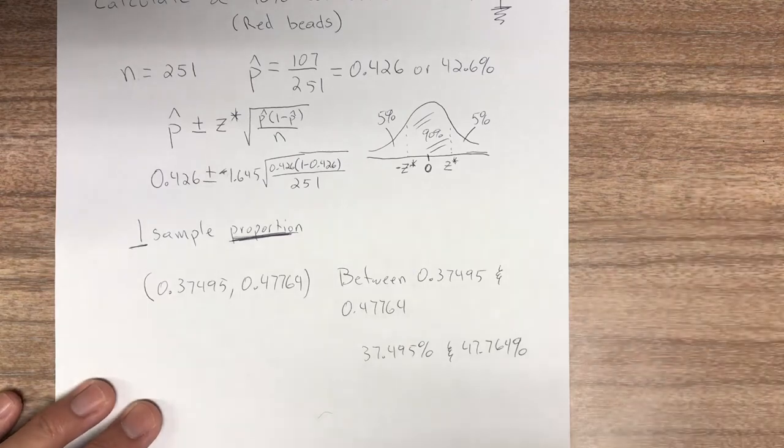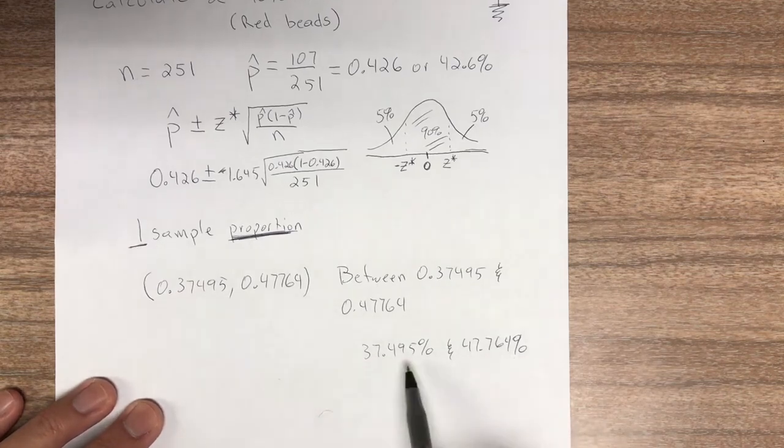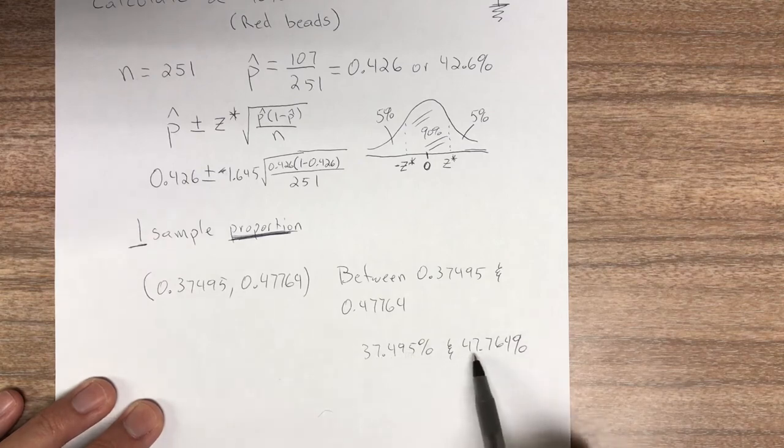Now, when I say container, I mean the whole container. At the beginning, I said we had a container with 3,000 plus beads. So the proportion of red beads in that container is between 37.495% and 47.764%. So less than half, you can say.